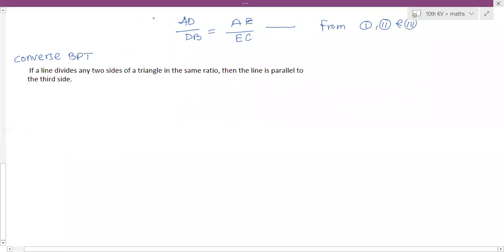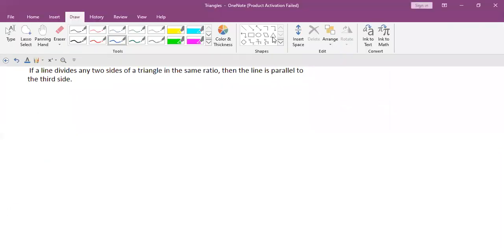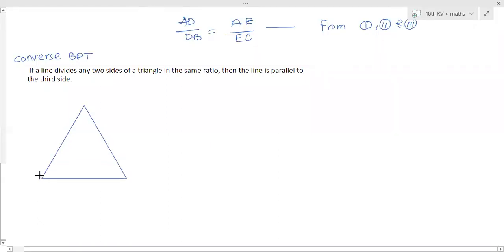In this triangle ABC, a line is dividing the two sides in an equal proportion, with points D and E. So D and E divide AB and AC in an equal proportion.